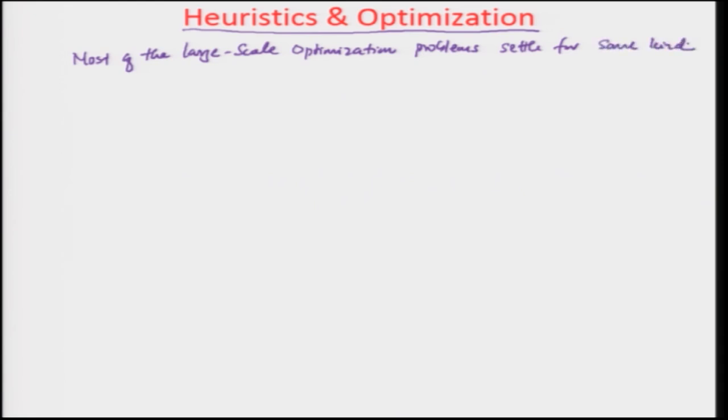One of the main things to understand is that most large scale optimization problems settle for some kind of approximate optimization.